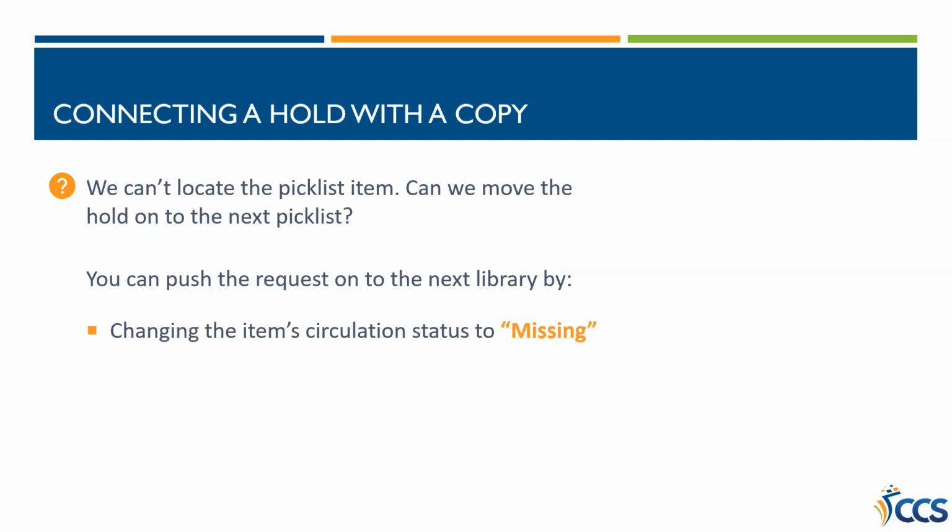The first and the easiest thing that you could do is change the circulation status of an item to missing. So this is going to tell Polaris that the copy is not available. It will push the request to the next pick list before that 7 days if you're primary, or the 2 days if you're secondary, are up.